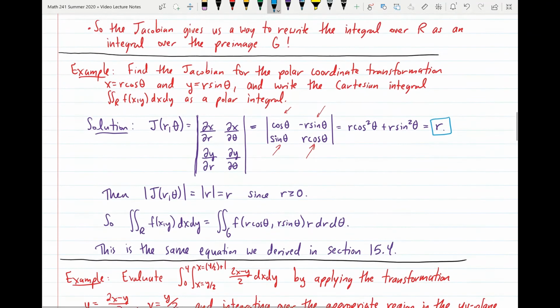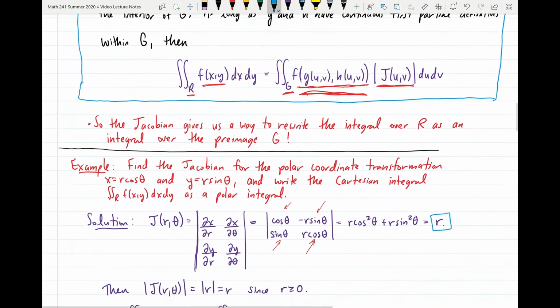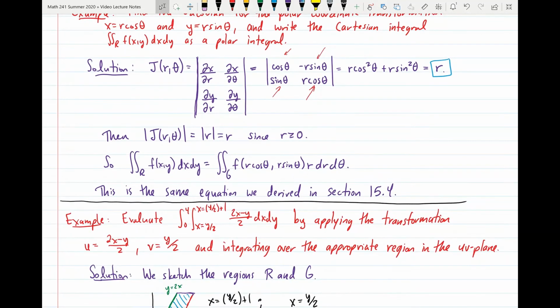And so, using the theorem that we just got from above, the double integral of f of x y over the region R is equal to the double integral of f of r cosine theta, where r cosine theta is being substituted for x here, and r sine theta in the second component here being substituted for y, times r over the region G. And if you go back to section 15.4, this is exactly the equation that we found, relating the integral in Cartesian coordinates to the integral in polar coordinates.